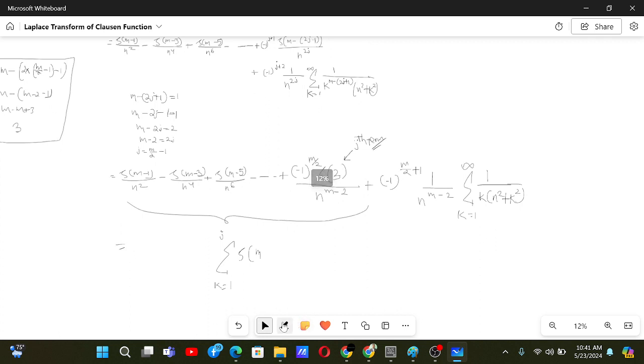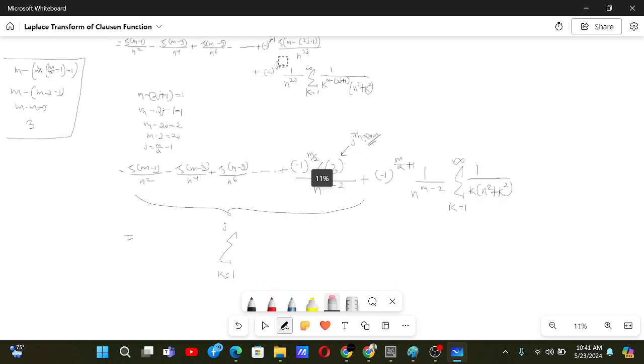Okay, so the sign convention was, if we look at our previous answer over here, it is just (-1) to the power k plus 1, and then zeta of m minus 2j minus k, and then over here it's n to the power 2k, and that's how the sum is written.